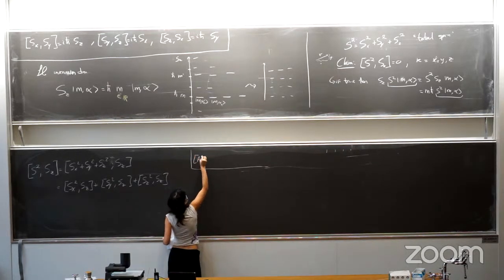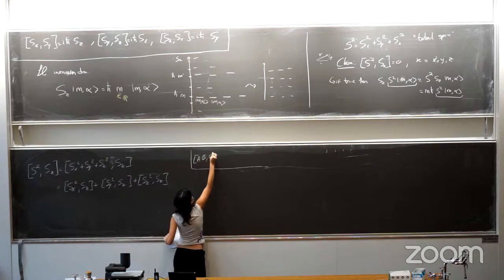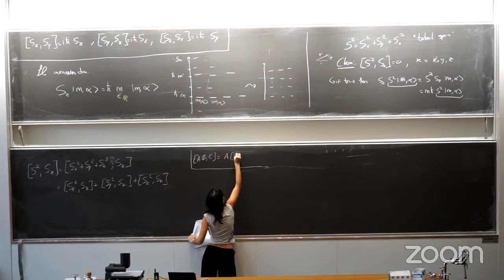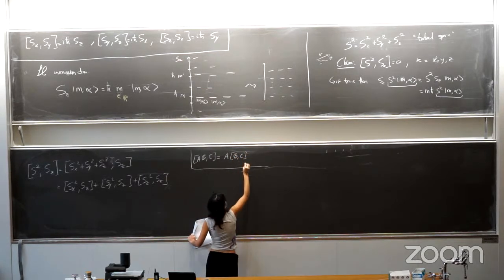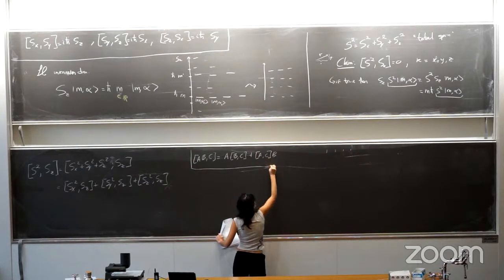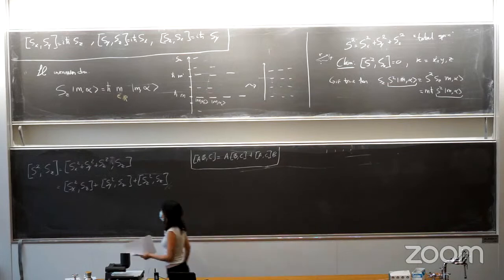Which is, when you have this commutator, the commutator of AB with C is A times the commutator of B and C plus the commutator of A and C times B. And what will happen is that they'll cancel each other out.